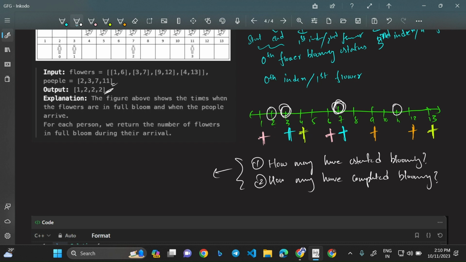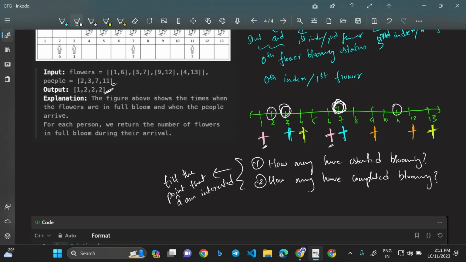Till the point that I am interested in, I'll be finding these two things and subtracting them, right? How many have started blooming and how many have completed blooming. For example, when I'm analyzing at t equal to 7, I checked if the pink color has appeared once again. Yes, it has.